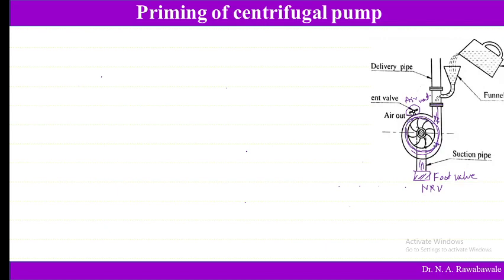This process of filling the casing and suction pipe with water is known as priming of a centrifugal pump. So what is the necessity? As I told you, this casing is airtight. Why does it need to be airtight? What happens if there is no water in the casing and suction pipe?